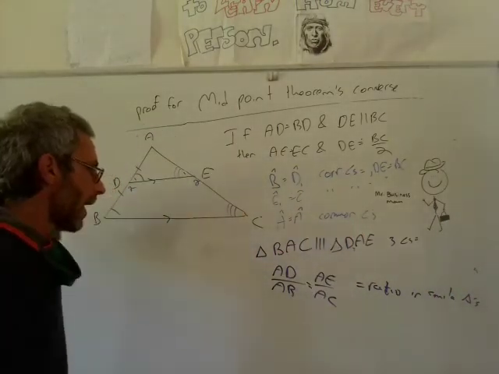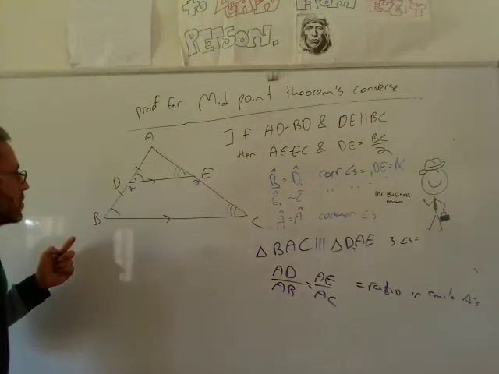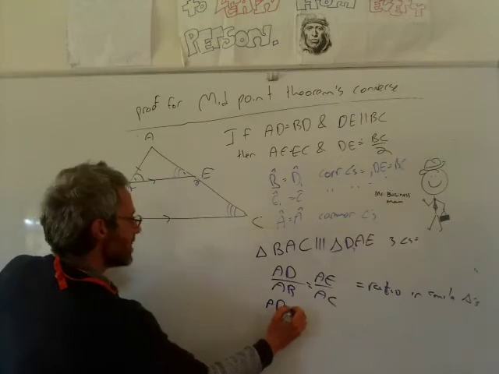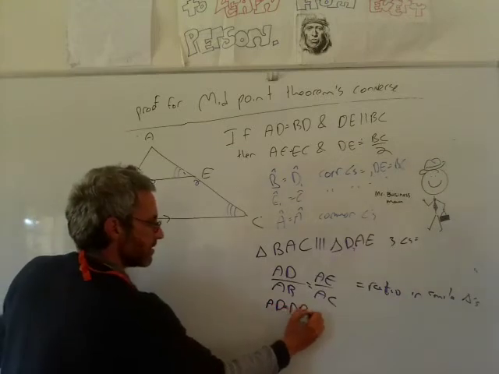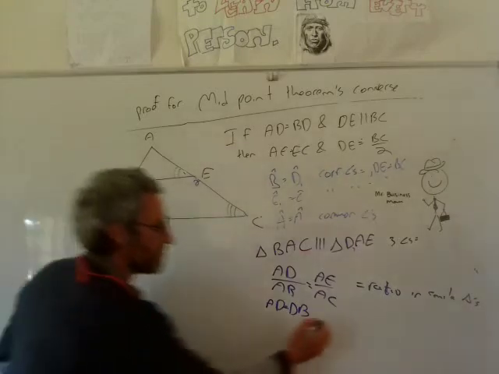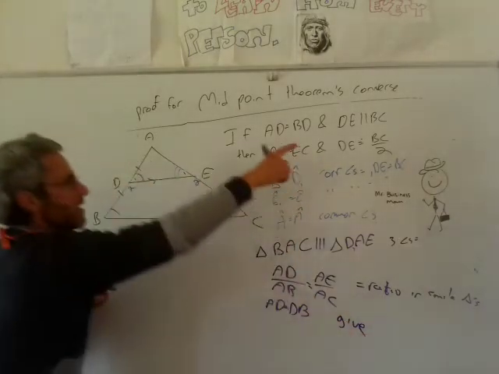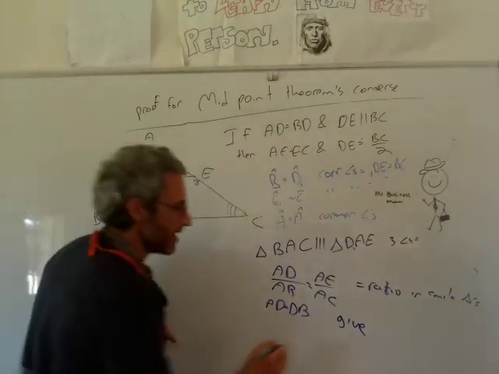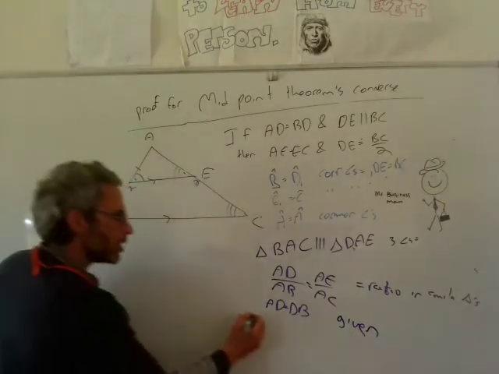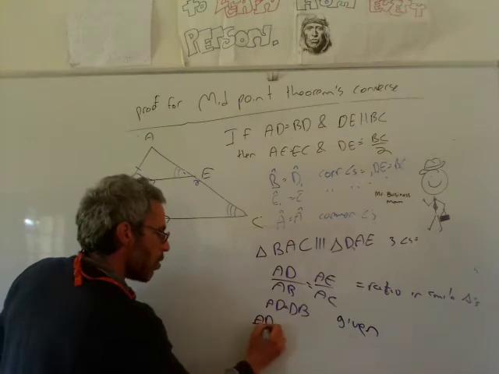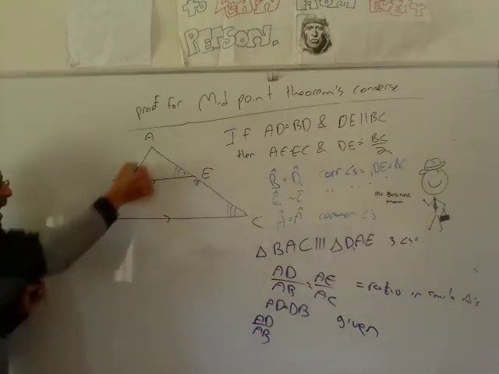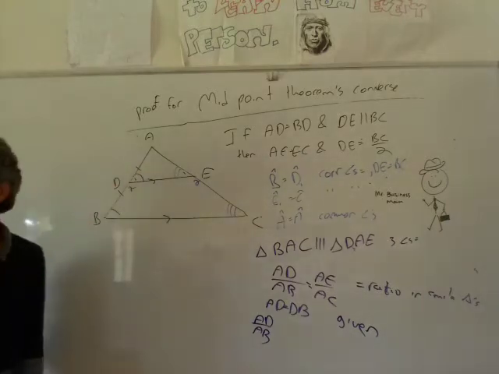And then now, what else do I know? I know that AD is equal to DB. That was given in the data. So if AD equals DB, what will AD over AB equal?